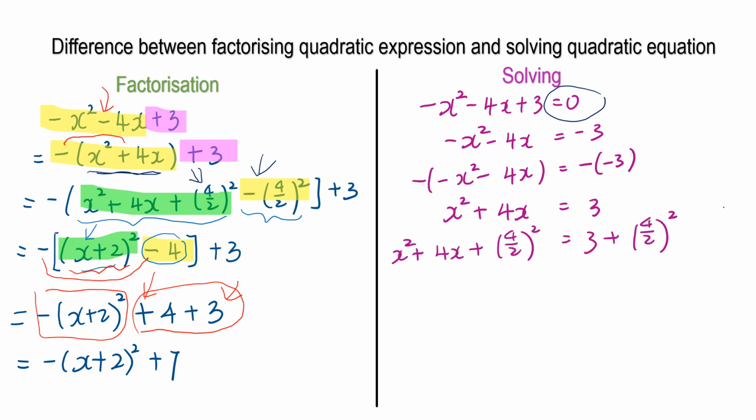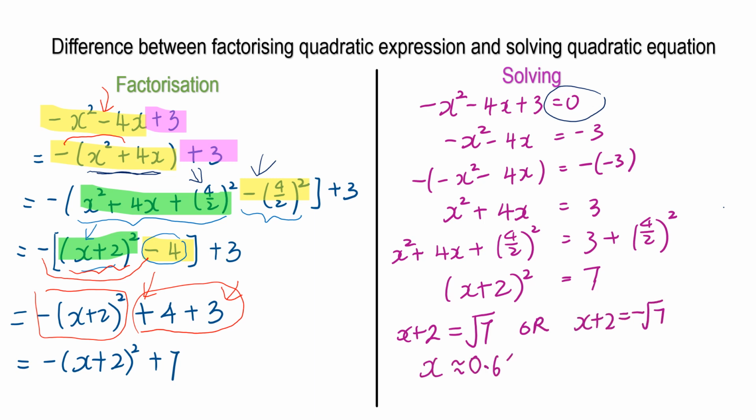Right, and now I can complete the square for your x squared plus 4x. Solving an equation means I need to find the values of x that satisfy the equation. So here I should have two values of x. And because the answer is not exact, you leave the answer to 3 significant figures.